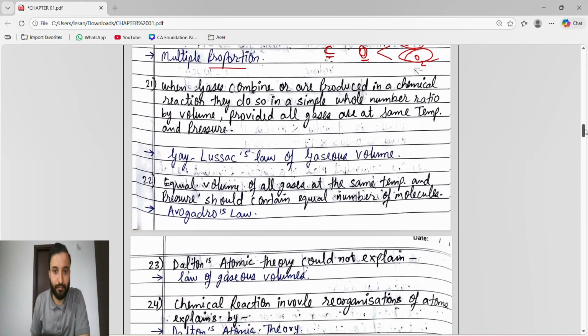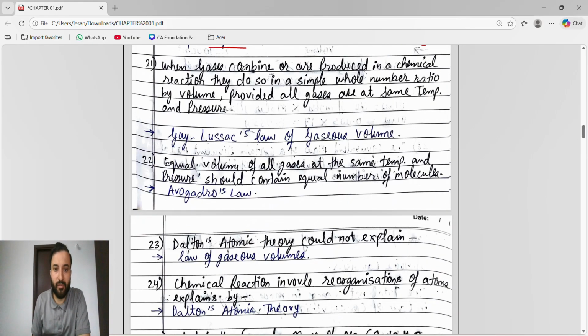Now next, when gases combine or are produced in a chemical reaction, they do so in a simple whole number ratio by volume, provided all gases are at the same temperature and pressure. We are talking about when gases are combined. So which law talks about gas?